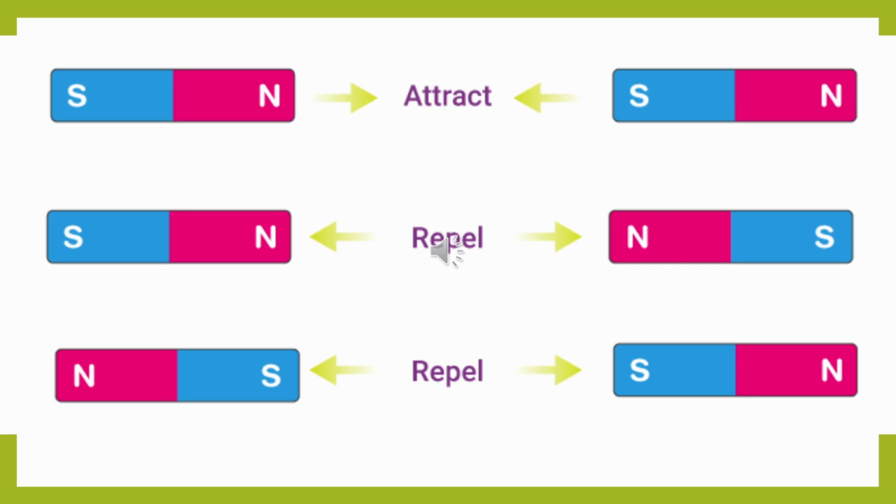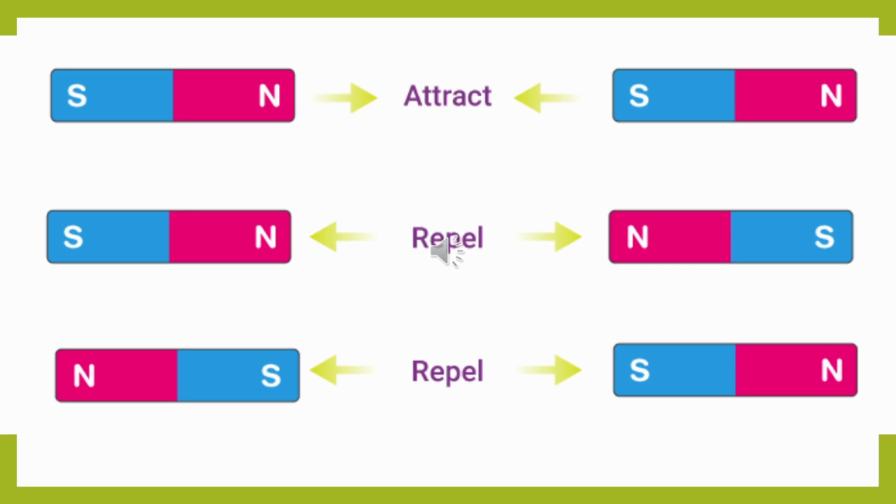If you notice, there are only two colors used in magnets, which are blue and red. Let me remind you again that the South Pole has to always be blue in color, whereas the North Pole has to always be red in color.